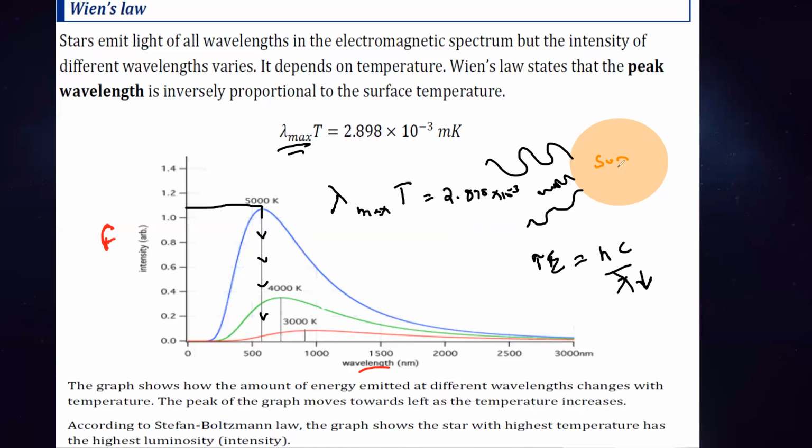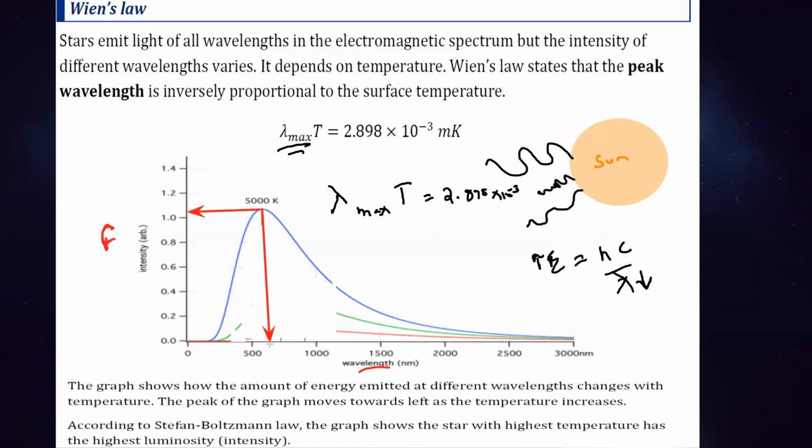How do we work out the temperature of a star? For example, we focus on one of the stars and we obtain this result. Say the blue line is representing the results which we obtained from the experimental data. After obtaining this result, this will be the peak wavelength, the maximum flux.